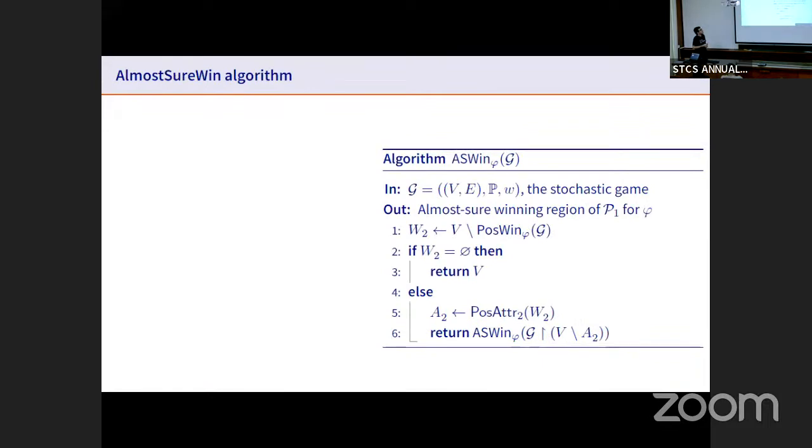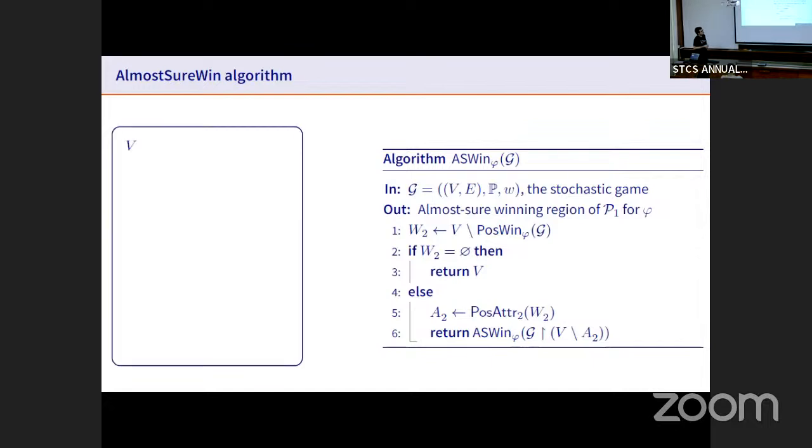Then that algorithm was to compute the positive winning region of player 1. We have a similar algorithm to compute the almost sure winning region of player 1. And you'll see that the algorithm looks pretty similar to what we had for positive winning.